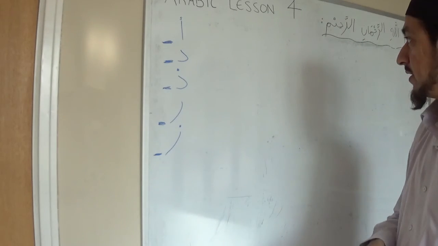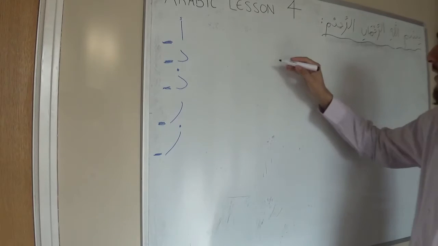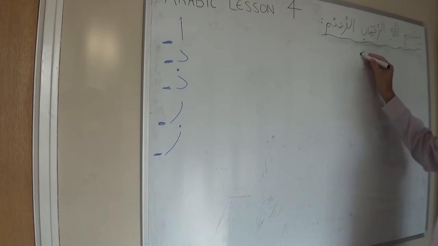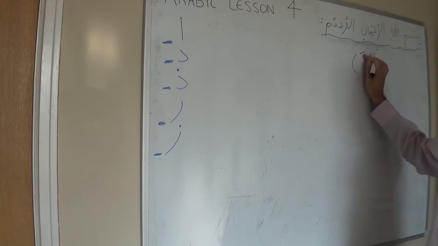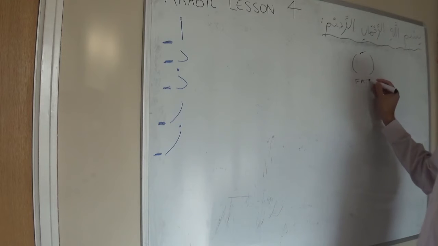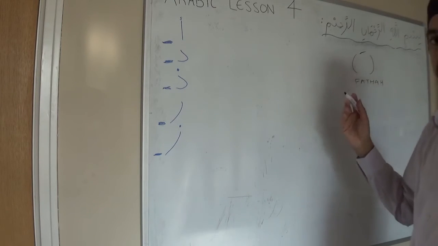So by itself, we have a fatha. I'm putting it in brackets to show you where it will be for that letter. It will be on top. Fatha, as we would say zabr.